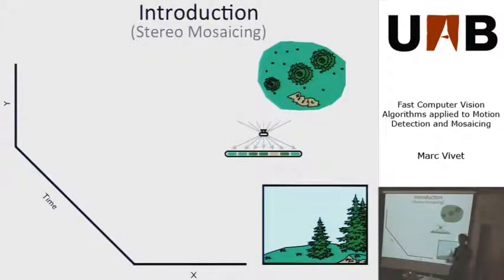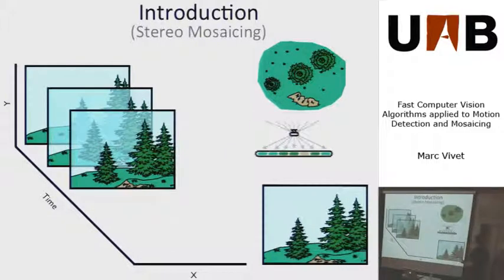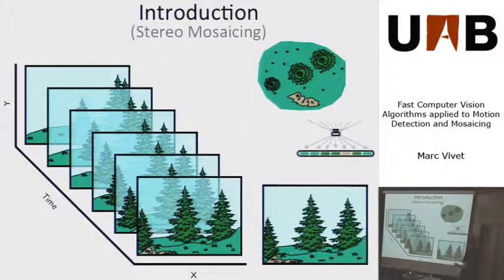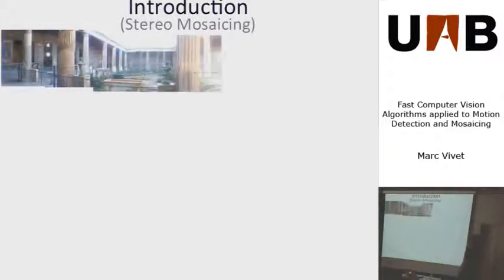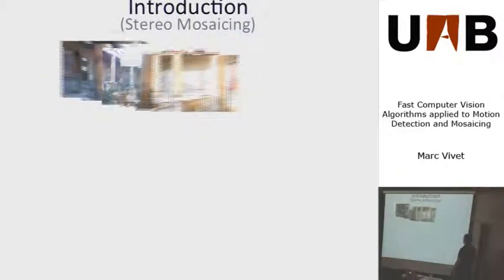So following the same example, in order to construct this mosaic, what we need is a camera moving parallel to the scene. So in here, if we look at the space-time volume, at a concrete region, we will see that now the epipolar lines are straight, as in the other cases, but in this case, they are not parallel. And the slope of these lines depends on the depth of the object. So imagine this other example, a video sequence of a camera moving parallel.